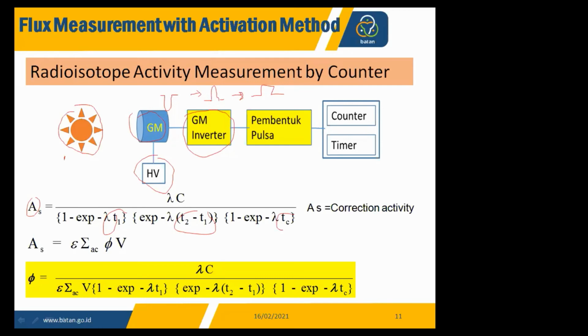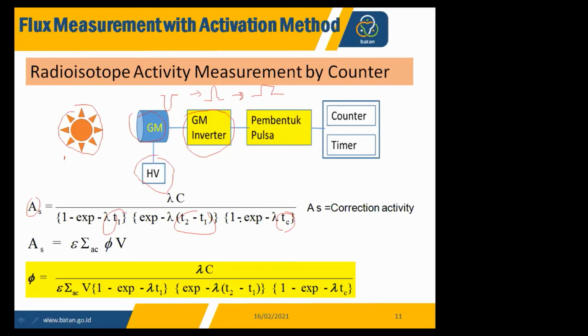T1 is the irradiation time while the sample is in the reactor core. T2 minus T1 is the delay time after the sample was irradiated and then prepared to be counted with the Geiger tube. And the last, Tc, is the counting time during which the sample is in the counting system.